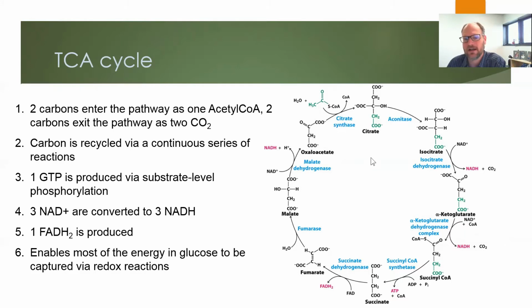What's important to keep track of is every 2 carbons that come in results in 2 carbons going out, along with NADH, ATP, and FADH2. 3 NADHs, and FADH2 and ATP, or GTP, depending on which nucleotide the enzyme uses. We'll talk a little bit more about that in a minute.